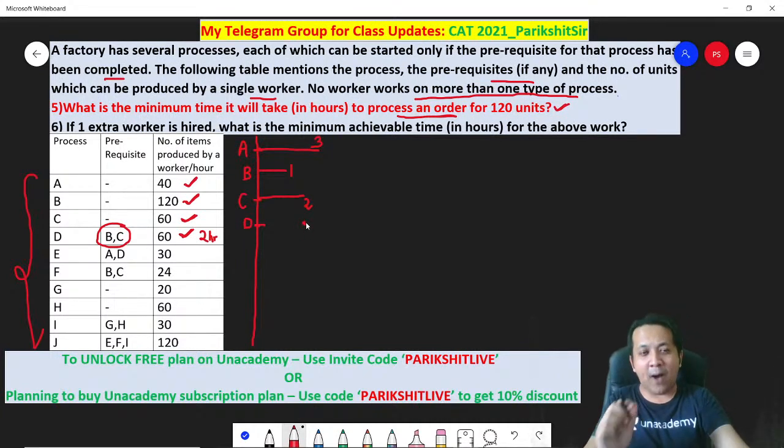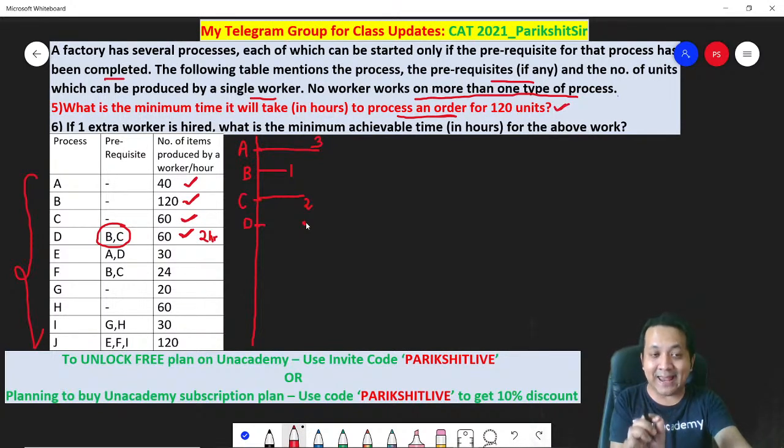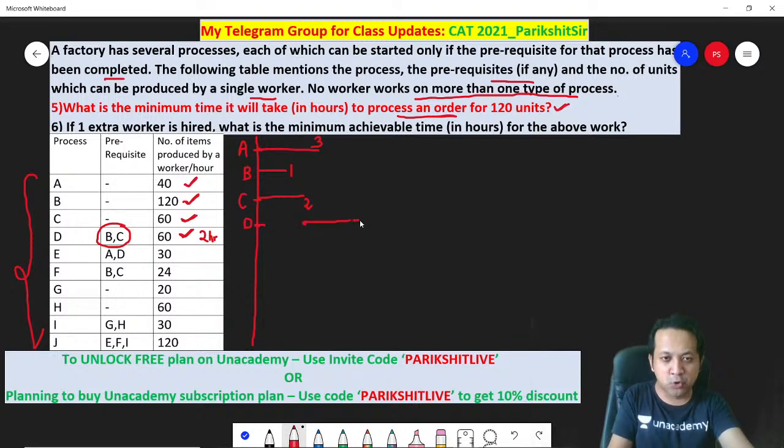At the end of 1 hour, C is not yet completed. Both have to be completed, right? So B and C will get completed at the end of 2 hours because C is getting completed at the end of 2 hours. So at the end of 2 hours, B and C are ready and now you can start D. And once you start D, it will take 2 hours. So from 2 to 4, will you agree?